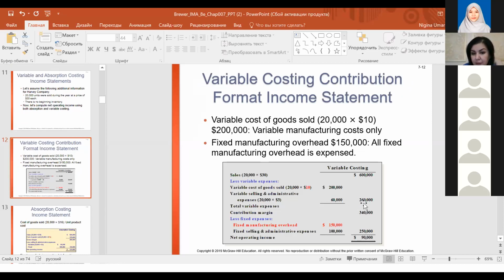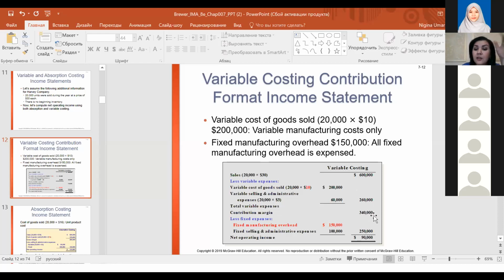And total variable expenses are $260,000. Do you remember contribution? Sales minus total variable costs, or selling price minus variable cost per unit. Sales minus total variable cost will give the contribution margin, $340,000.